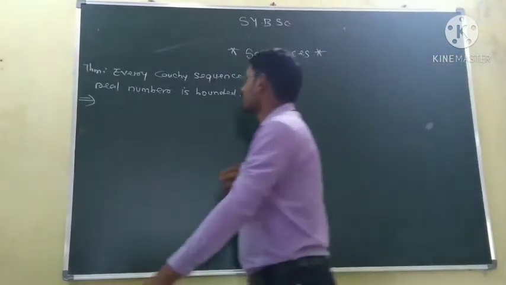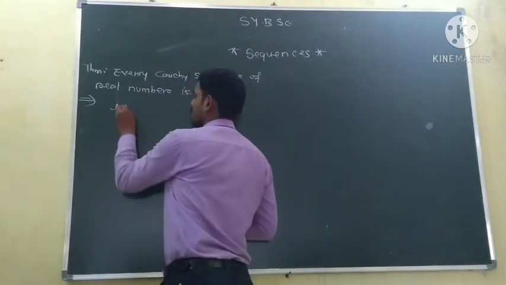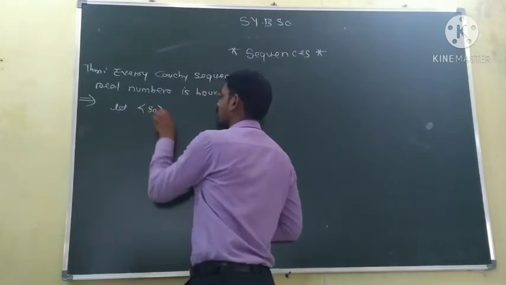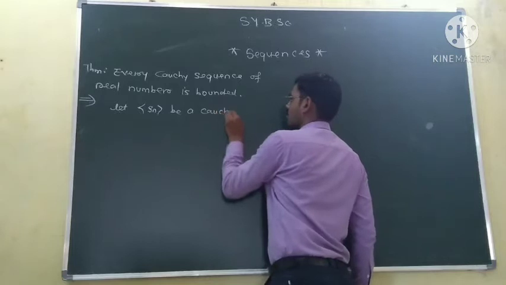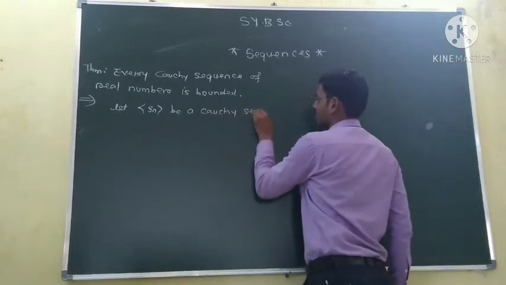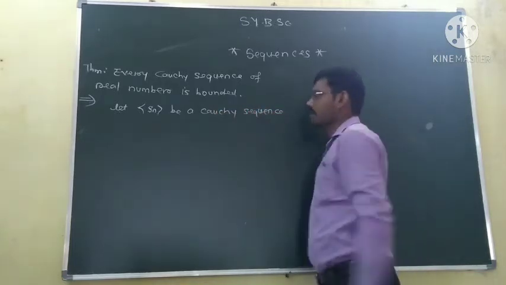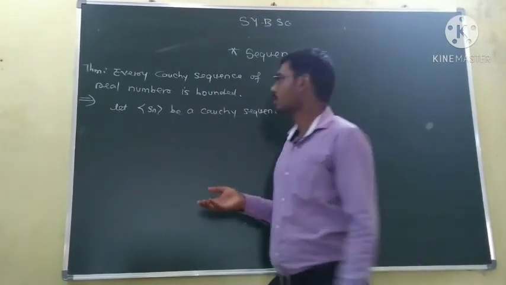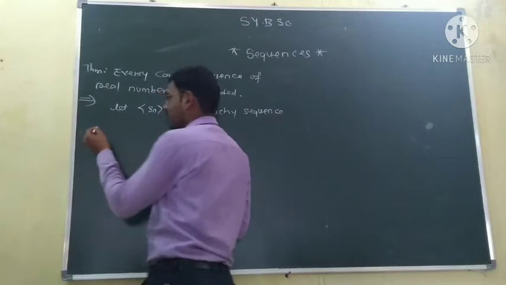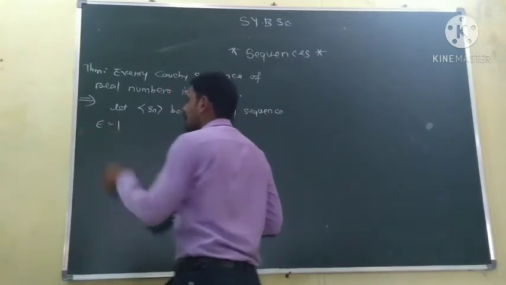So let Sn be a Cauchy sequence. Then by definition, for any epsilon greater than 0, we can take epsilon equal to any positive number. So we take epsilon equal to 1.